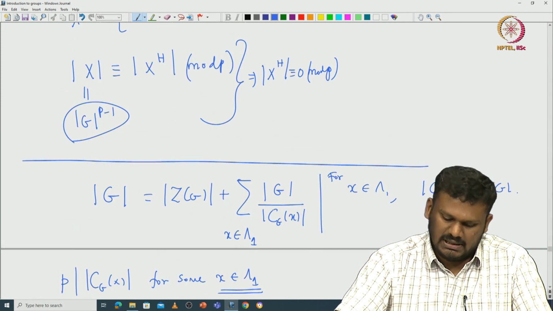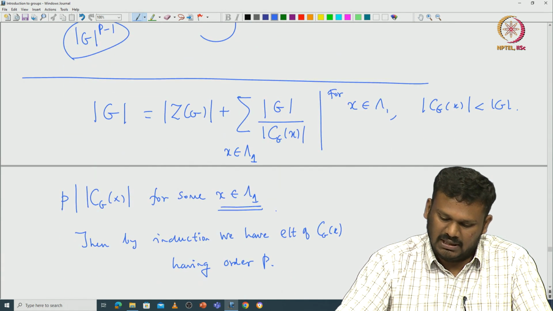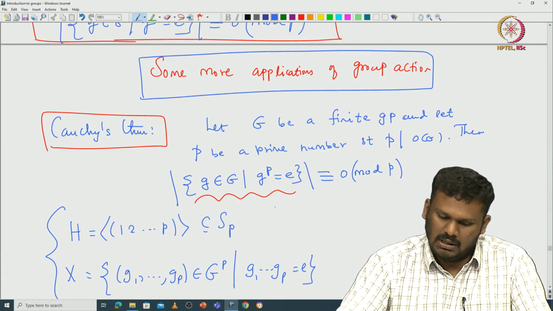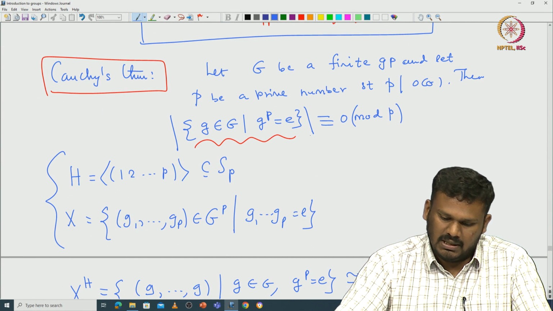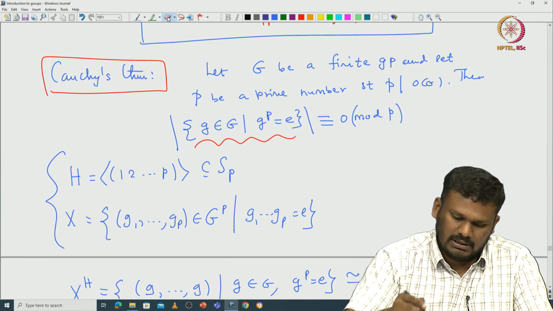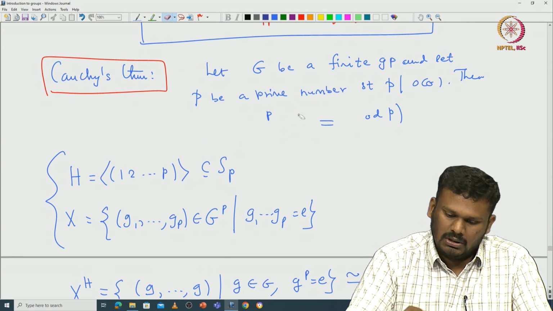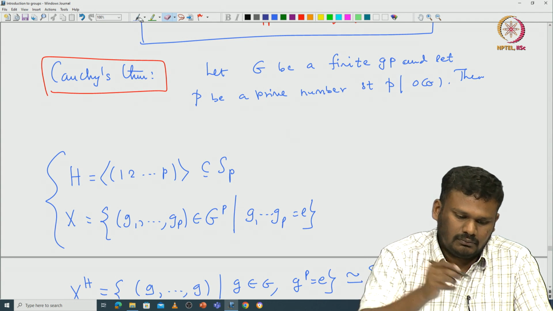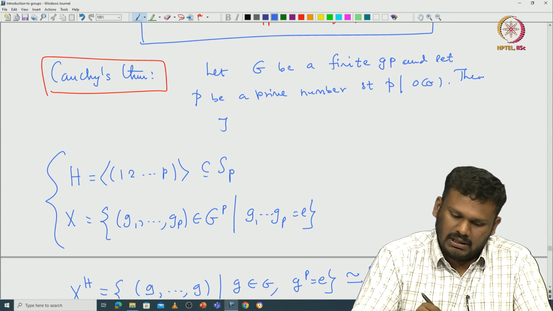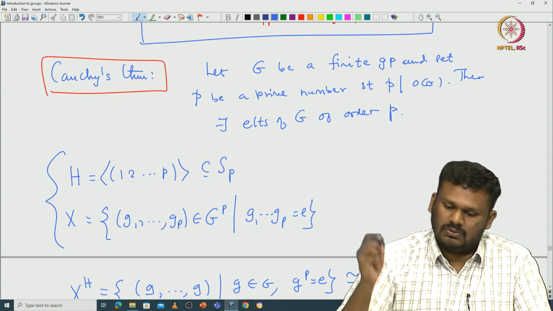This is actually a weaker version of Cauchy's theorem, but later we will see it is equivalent, so let's not worry about it right now. So we will actually prove that there are elements of G of order p. This is what we will prove now.